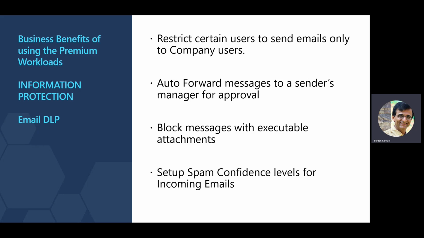To prevent this, one can set up a filter so that such attachments are blocked before they hit the user mailbox. Next is set up spam confidence levels for incoming emails. Incoming messages are assigned a spam score based on which a message is delivered as clean or as spam or as a less important message.